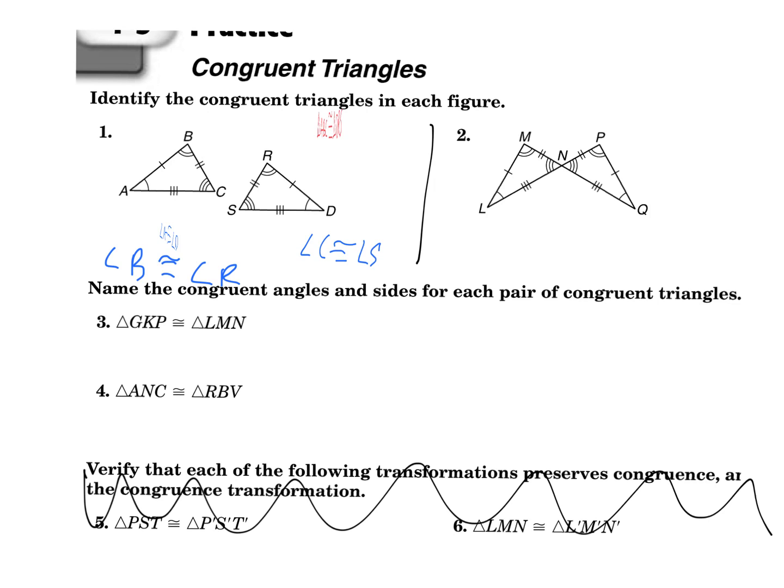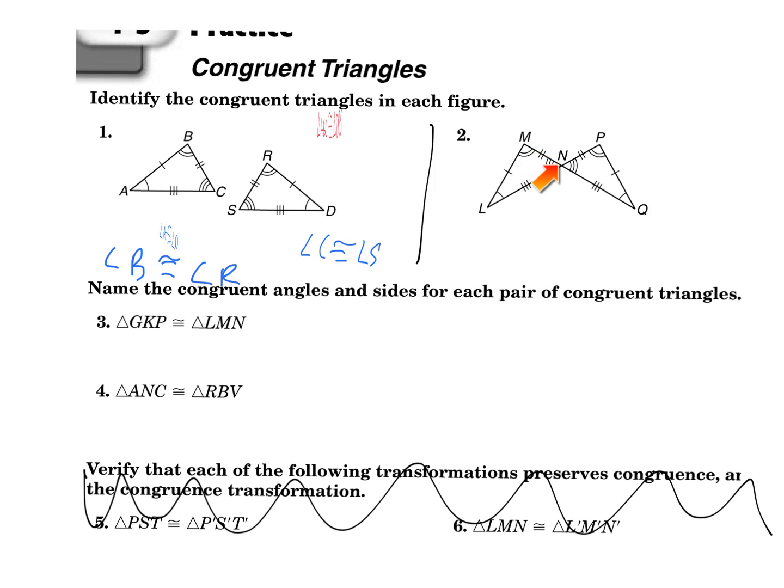So, next one. Again, I'm not going to write down anything this time. But angle L is congruent to angle Q. Angle M is congruent to angle P. And angle N is congruent to angle N. And then we see side LM is congruent to side QP.